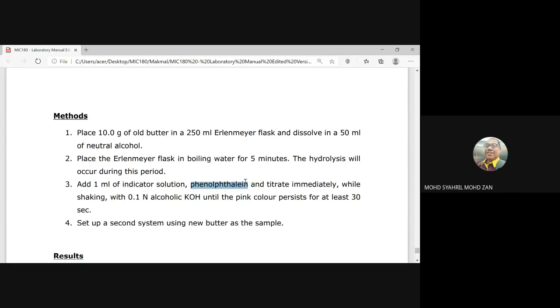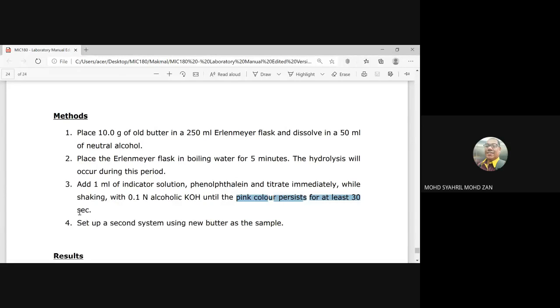Okay, so please note dekat mana acid value ataupun saponification antara dua. And then do the process of titration. So apa yang kita titrate dalam tu adalah kita punya 0.1 normality alcoholic potassium hydroxide. Okay, so in acid value, there will be a pink color persisting for at least 30 seconds.